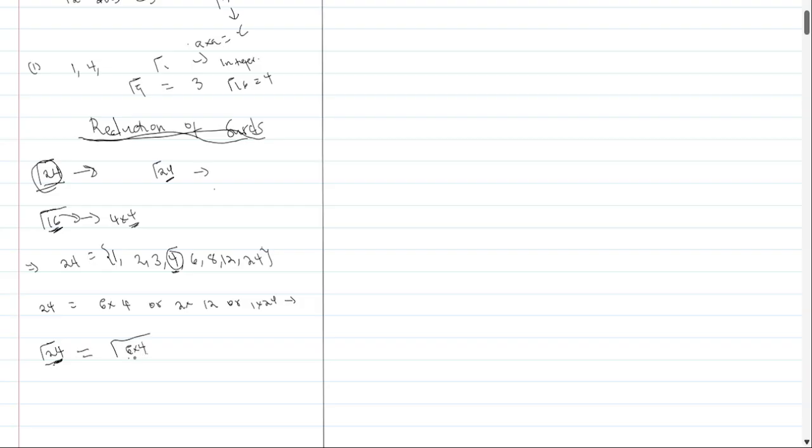So the square root of 24 is the same as the square root of 6 times 4. Likewise, the square root of 30 we could write as the square root of 5 times 6. This is because 5 times 6 is equal to 30. Hence, the left hand side and the right hand side are equal.